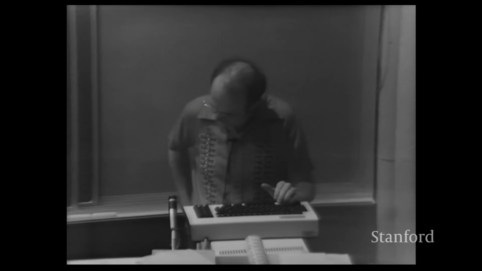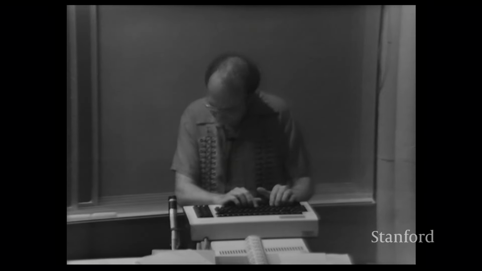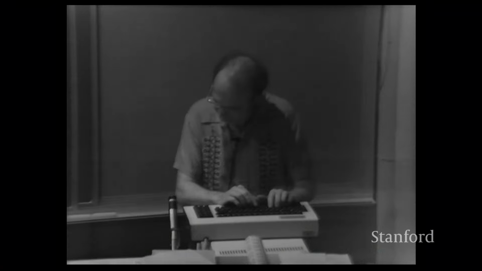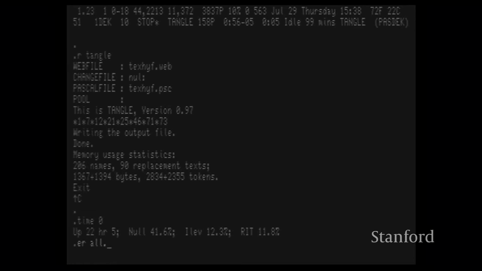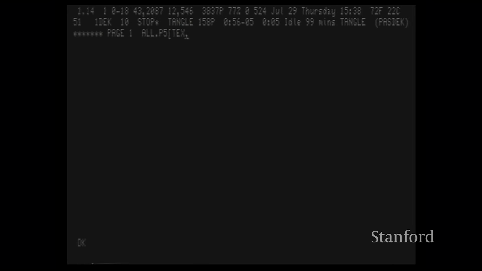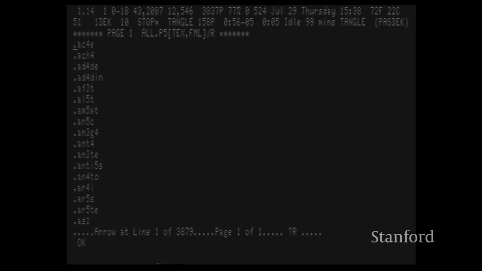I guess first of all I could look at the patterns that were generated on Sunday. So let's see. That's edit P5. Now this is page 1 of 3879. So there are 3,879 patterns in this particular list, and these patterns seem to work rather well for English.